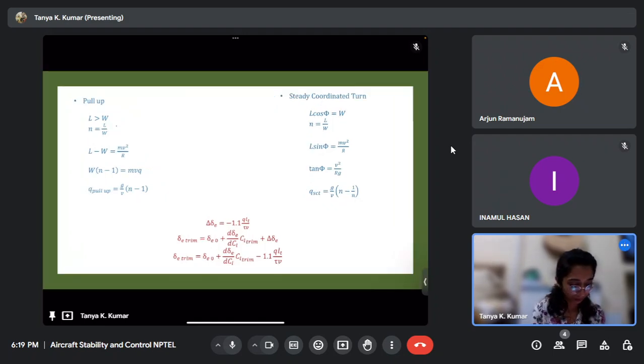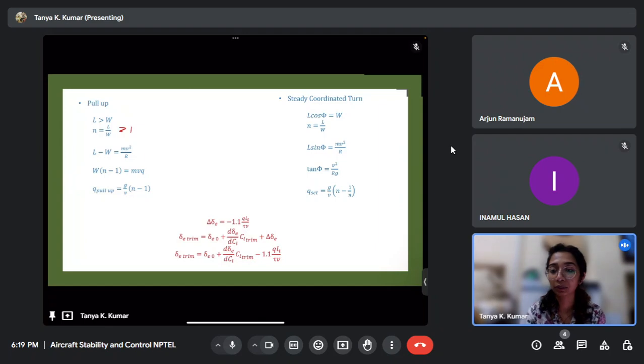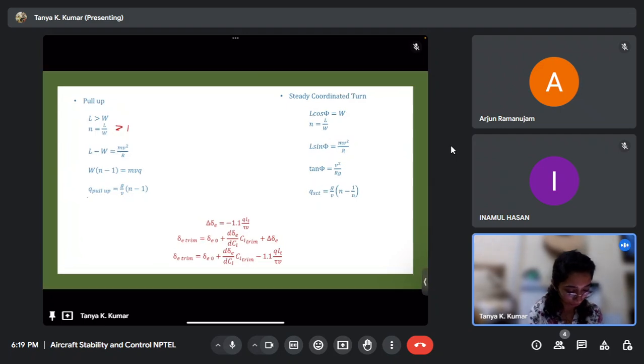For cruise, it was equal to 1 because lift is equal to weight. When you write these equations, you find the pitch rate. The pitch rate Q for the pull-up maneuver is derived as g upon V into (n minus 1). This derivation was dealt with in the class.